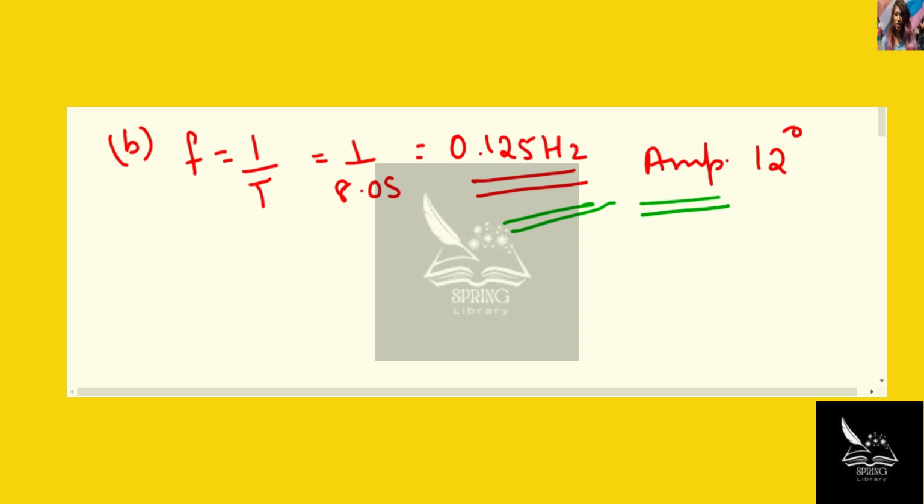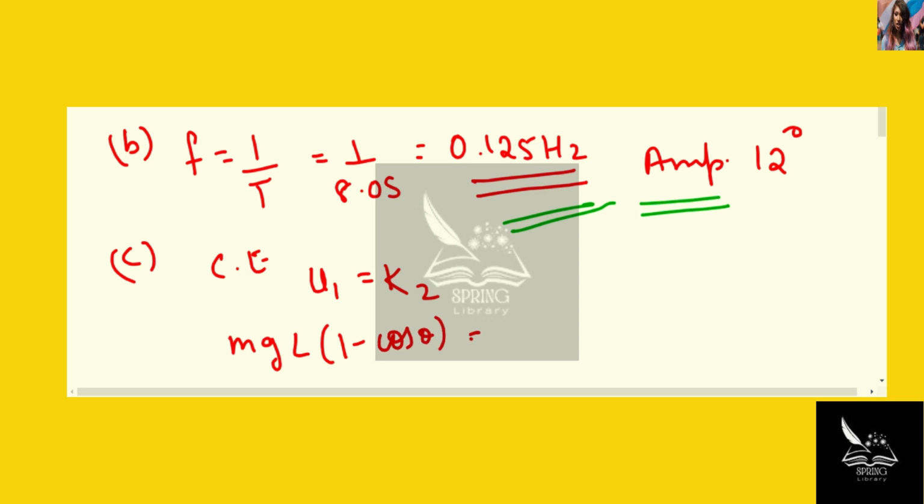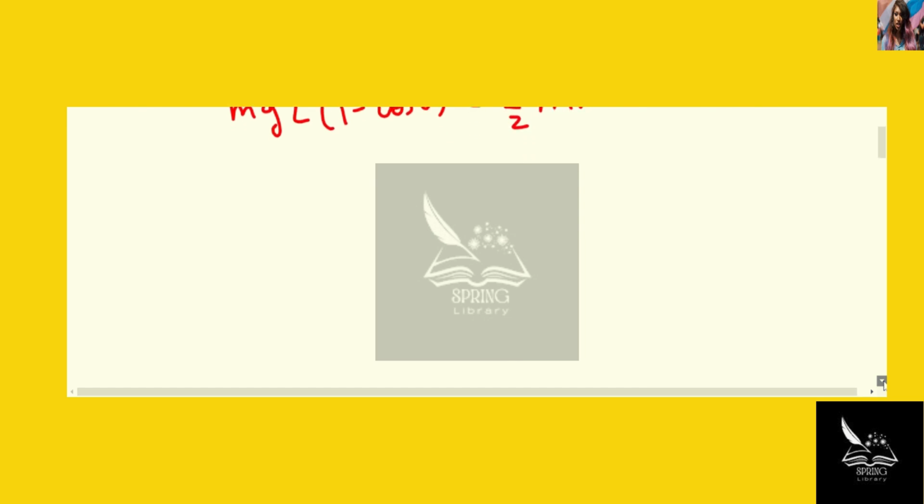Now the next part. When we apply the conservation of energy to find Tarzan's speed just before he grabs the chimp, U1 equals K2. So when we equate that, we get mgL into 1 minus cos theta equals half mv squared. That is potential energy equals the kinetic energy. That is the conservation of energy that we have.